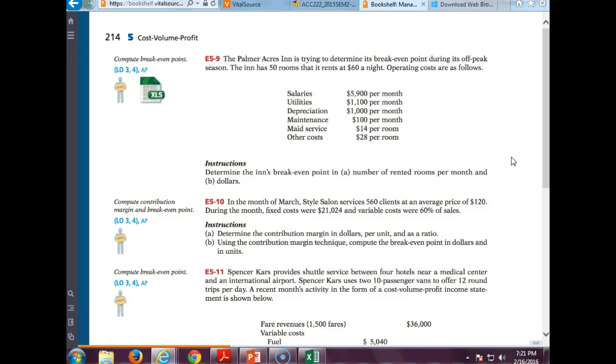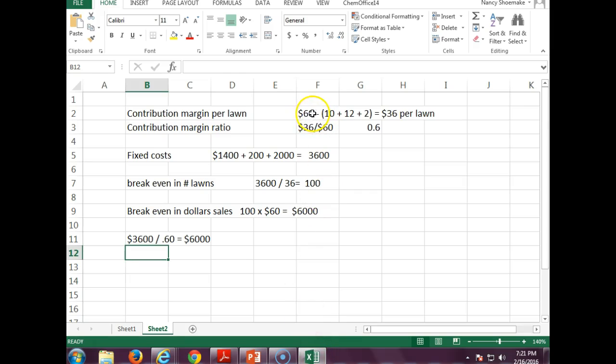Fixed. Depreciation, $1,000 per month. Maintenance, $100 per month. Maid service, $14 per room. Variable. Other costs, $28 per room. Determine the inn's break-even point in the number of rented rooms per month and dollars. We're going to use this exact same chart.